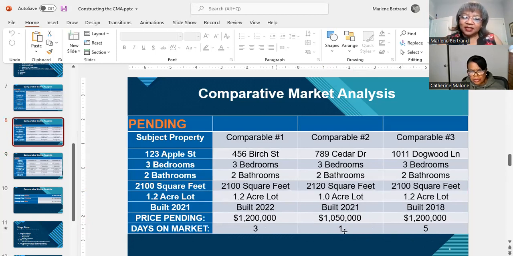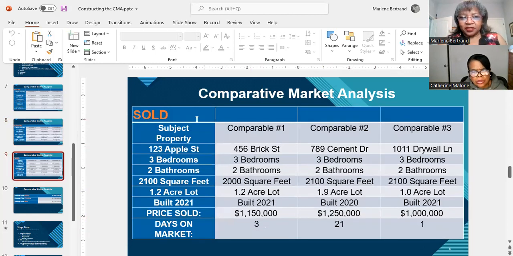So you can see that if it's priced higher, it's going to be on the market longer. Then we go into the sold, which is the real answer. This home, comparable number three, was only on the market for 1 day because it was priced at 1 million.